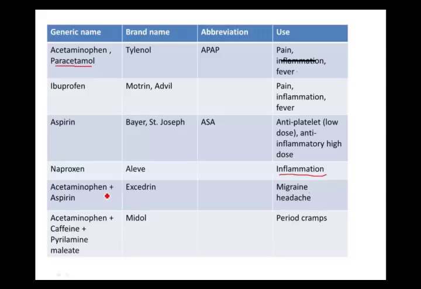All right. Why do you suppose caffeine would be included in something like Excedrin? Has anybody ever taken Excedrin? Why do they put caffeine in there? What does caffeine do? Well, caffeine is going to change a little bit of the stomach environment. So it can increase gastric emptying time, and it can increase the pH of the stomach.